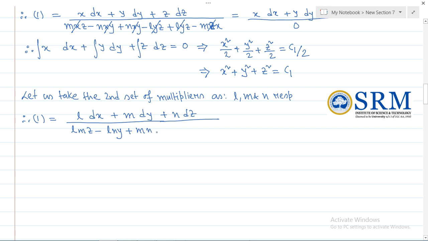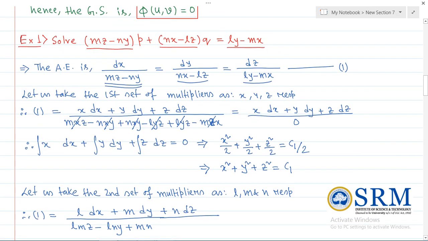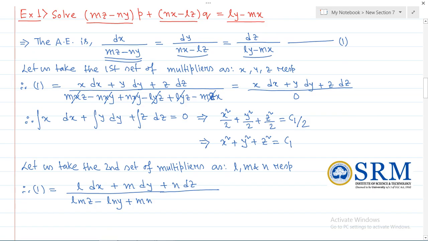n x. Yes, first term by l, so lmz minus lny, second term by m, mnx minus lmz, and third term by n, plus lny minus mnx, right?